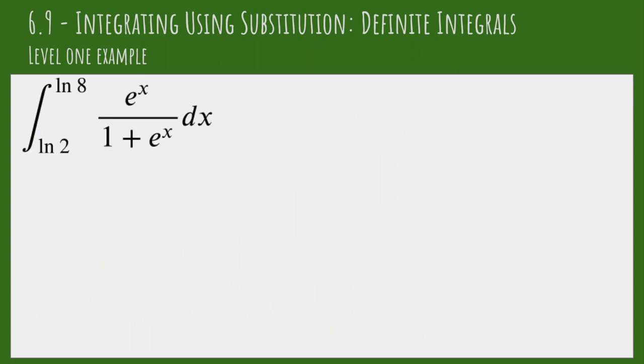Next example here, as a general rule, if we have a fraction using substitution, usually letting the denominator equal u is going to make things simpler for us. So I'm going to say u equals e to the x, and so du is going to be e to the x times dx. And notice that the derivative here involves this e to the x here, which is going to work out well for us.